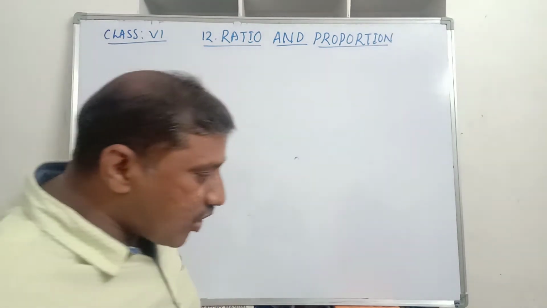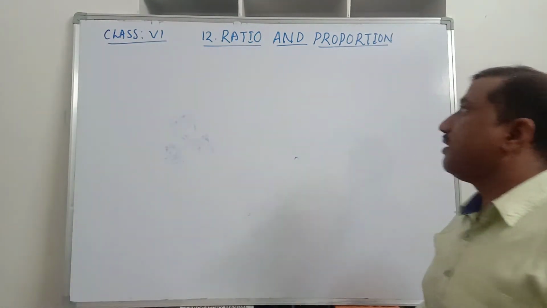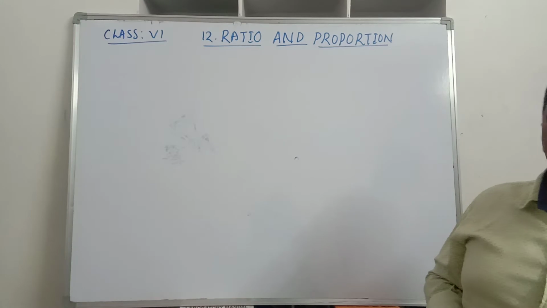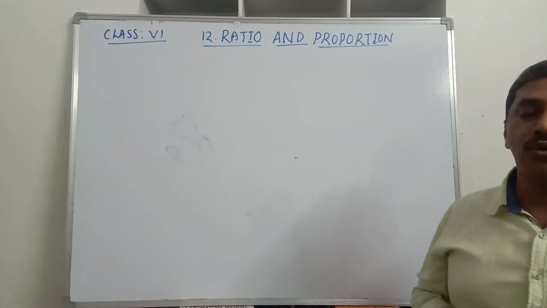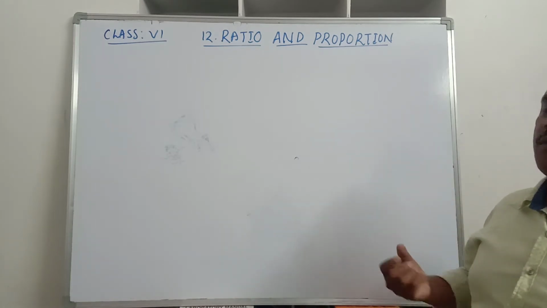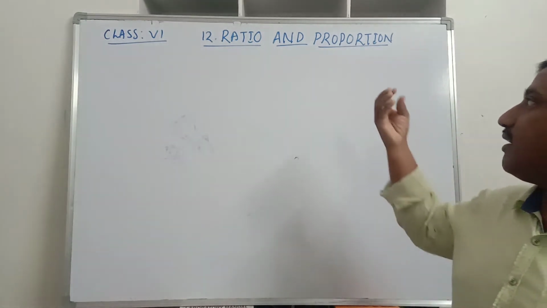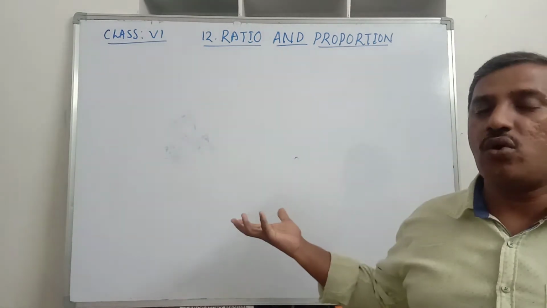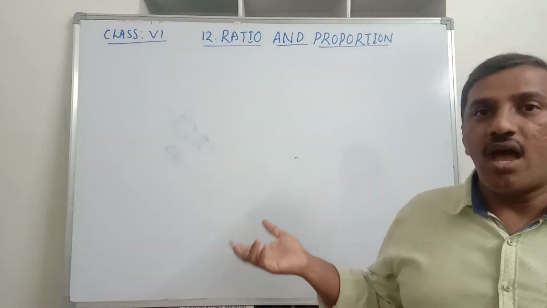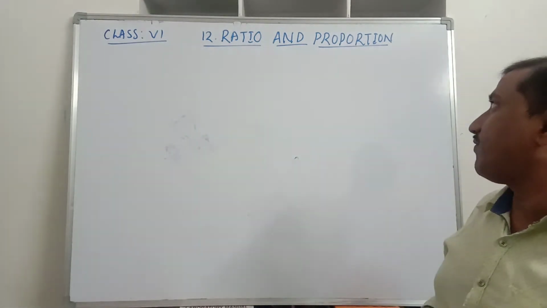So today I am going to introduce a new chapter, that is number 12th chapter, ratio and proportion. Here majorly we will study two concepts: ratio, what is ratio, how to find ratio, and the applications of ratio.